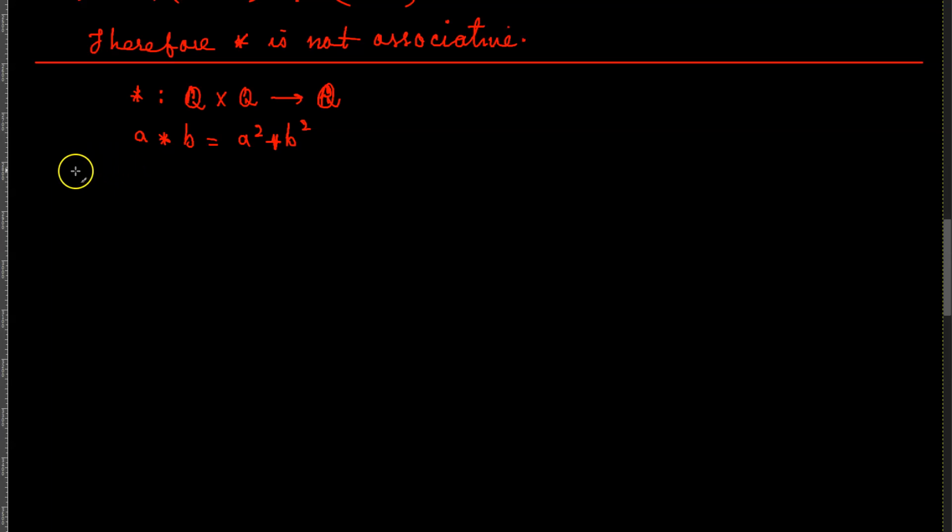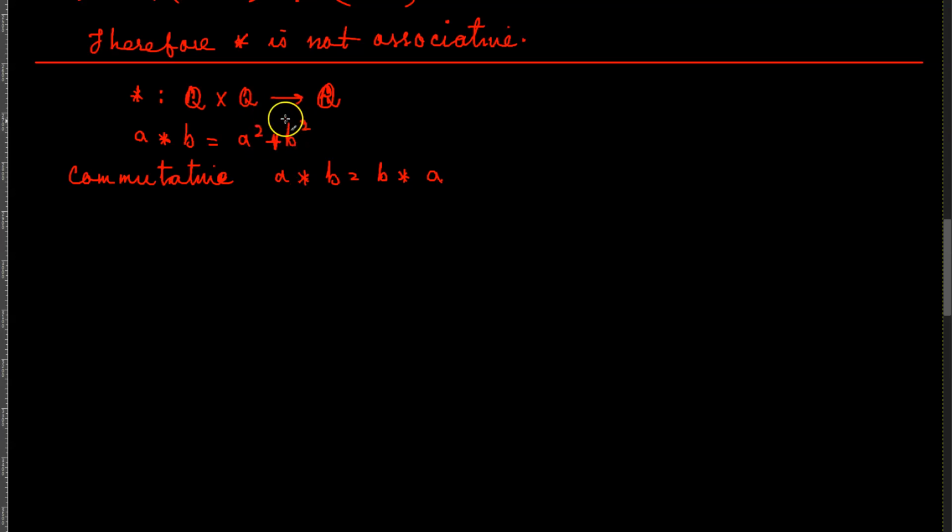commutative means that A star B is equal to B star A, which means that you have A star B is equal to A squared plus B squared, and B star A is equal to B squared plus A squared.